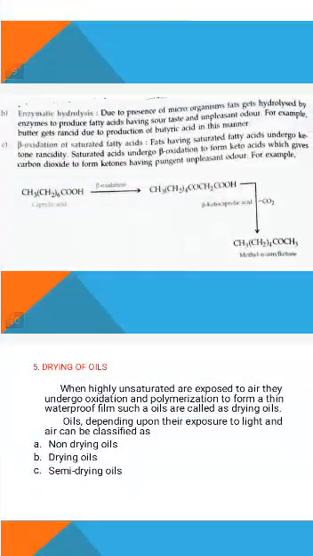Another cause of rancidification is enzymatic hydrolysis.